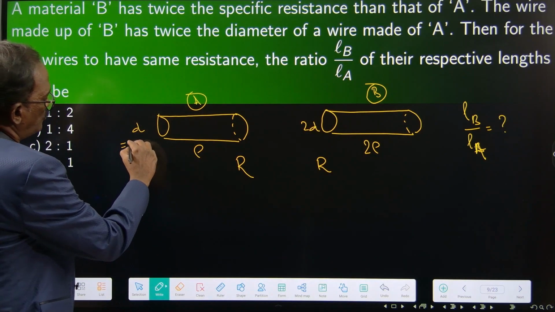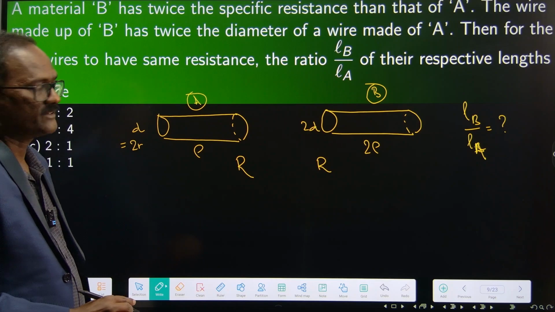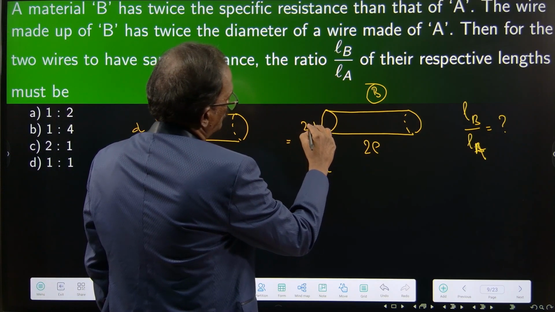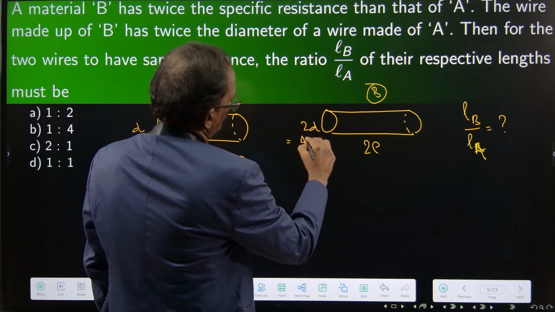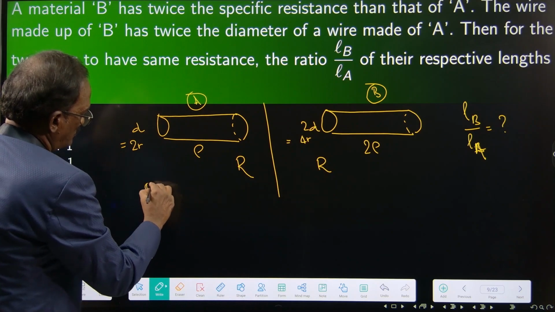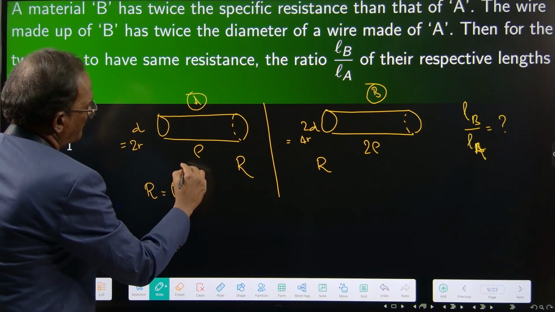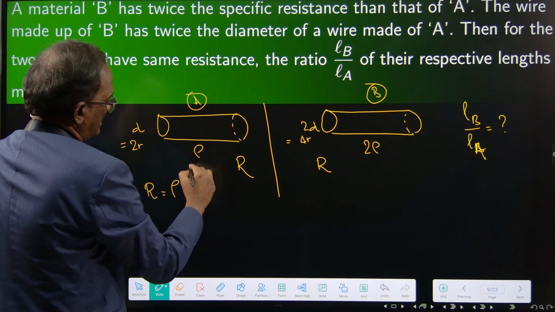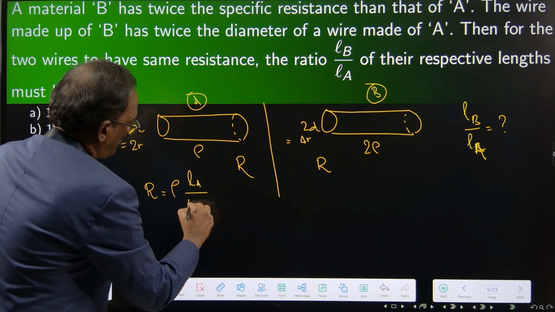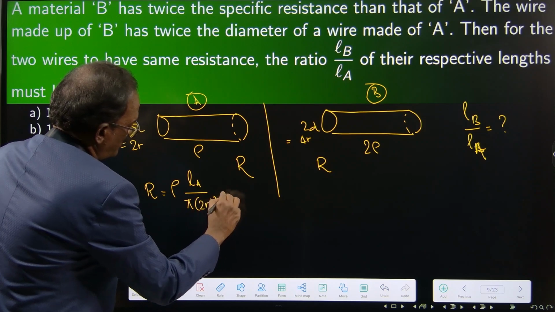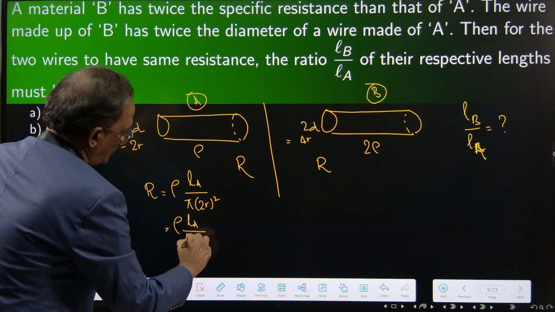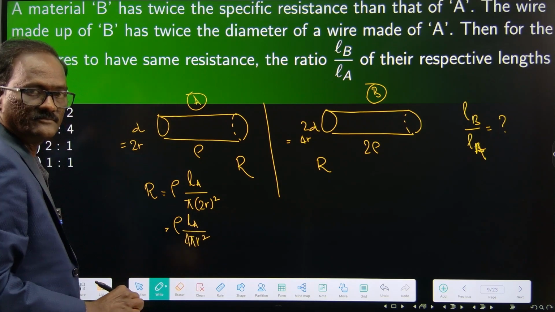So D is equal to 2R, I can write in terms of radius. So 2D is equal to 2 into 2R, this is 4R. So R is equal to rho LA upon area pi into 2R square. So this is rho LA upon 4 pi R square, right?